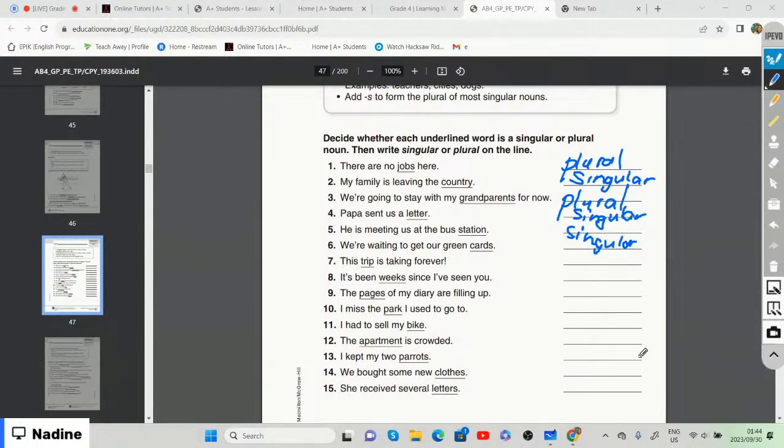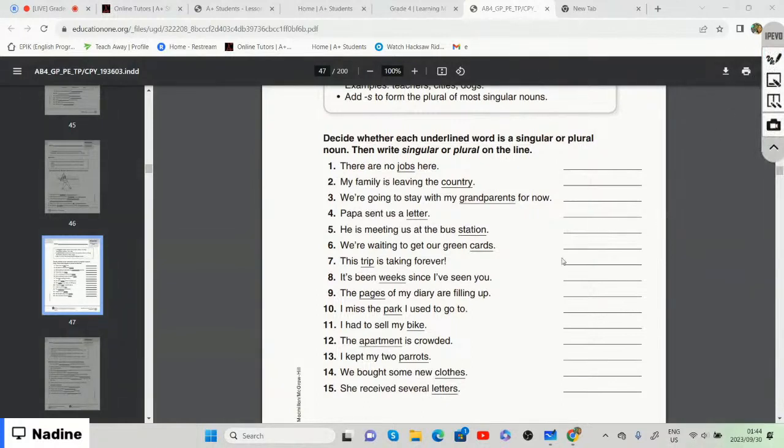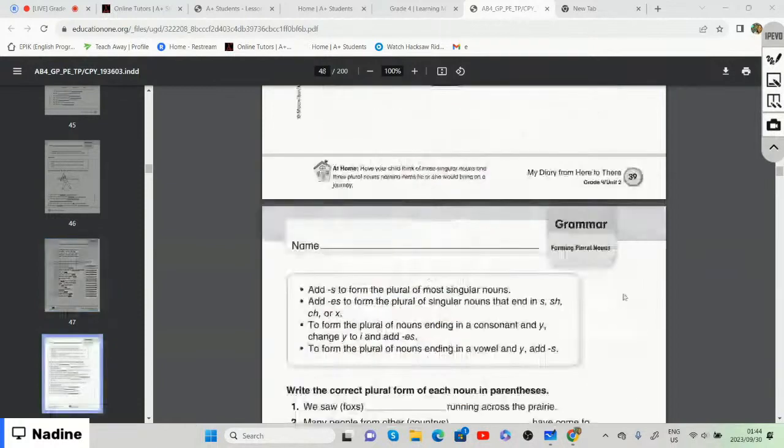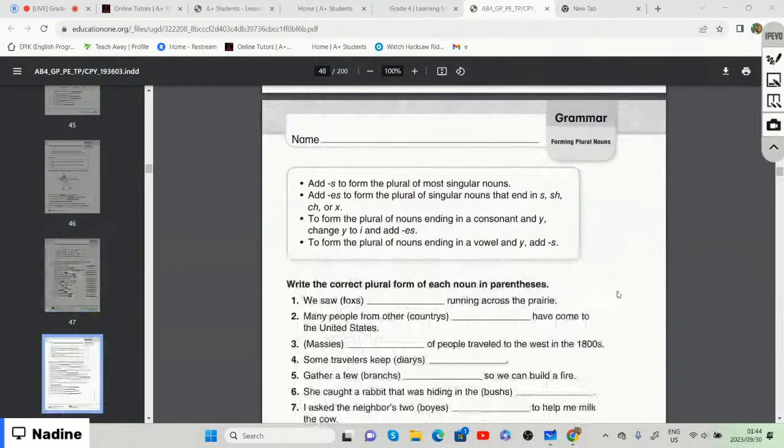So that is but a few of the words, right, where we decide whether each of the underlined words are either singular or plural. All right. So that was basically the singular and plural.